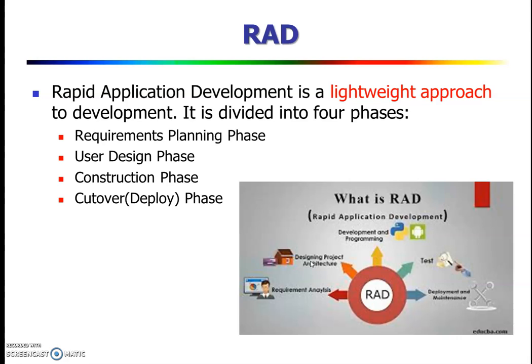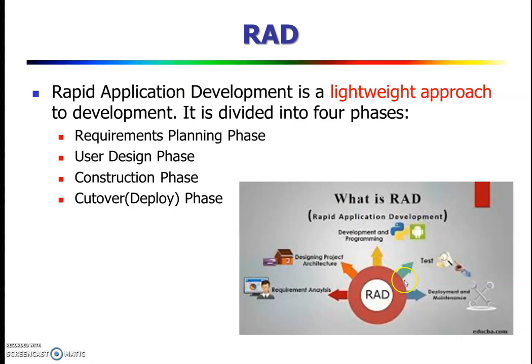Rapid application development is a lightweight approach to development. It is divided into four phases, that is requirement planning phase, user design phase, construction phase, and deploy phase, or sometimes it is called the cut over phase.